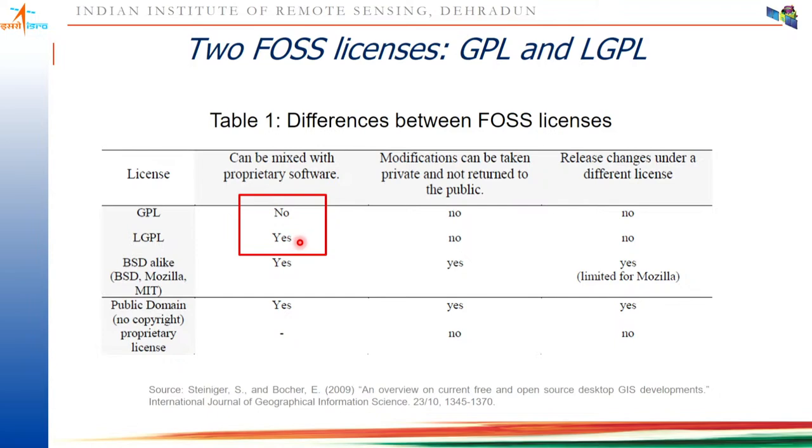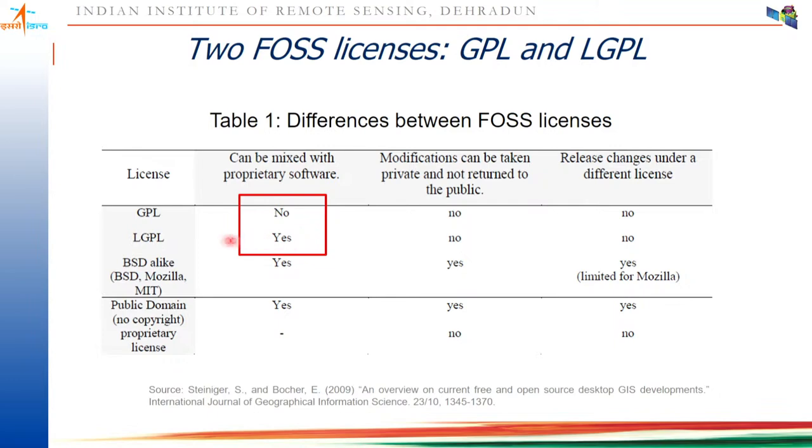A very important example of this is a software called GDAL, or Goodal, which stands for Geodata Abstraction Library, which is basically a software library for reading and writing raster and vector files. It's a translator library, in fact, which converts one format to another.